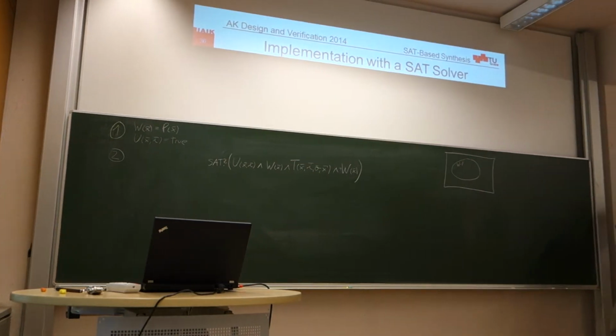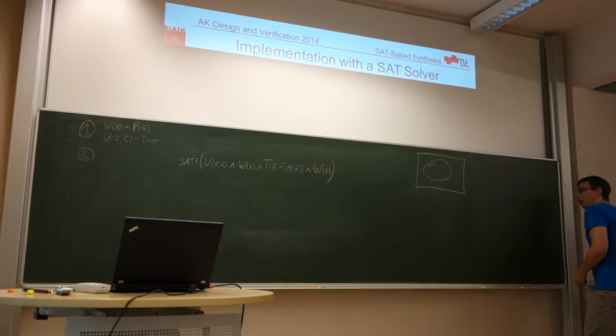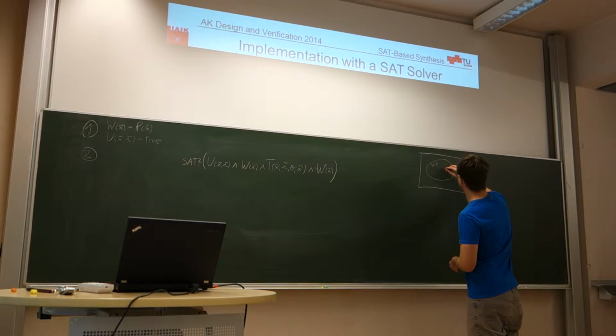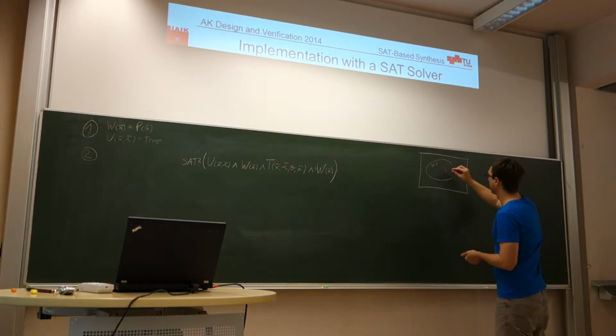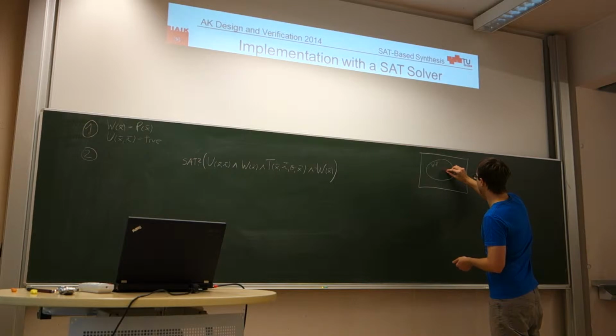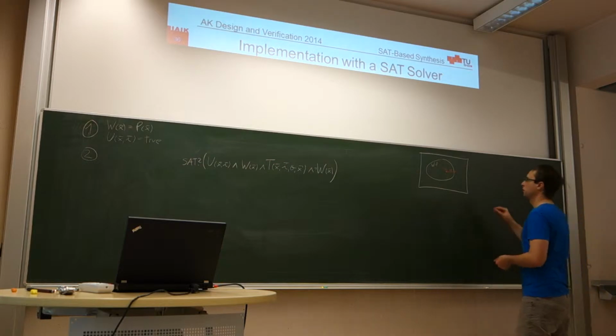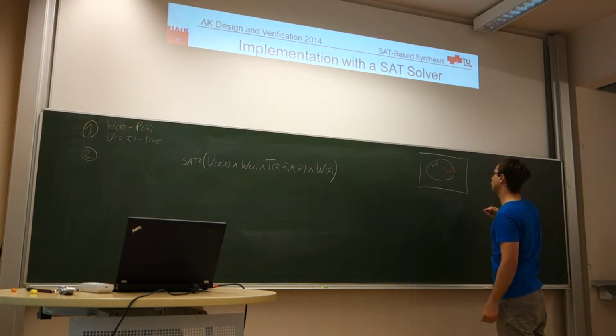And what we are asking the solver now is: is there a state, let's call it x1, such that from this state the evil environment can find some input, let's call it I1, such that the system player can find some output, let's call it O1, such that we end up in a state x1 prime.